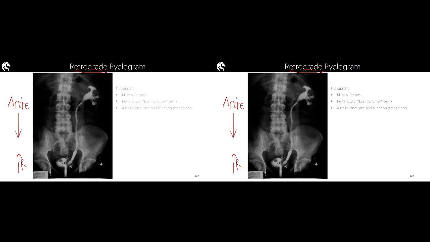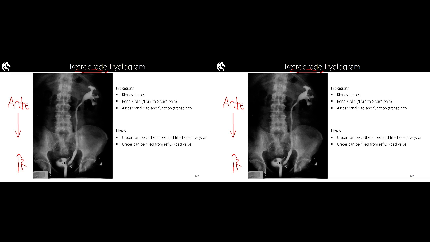All right, so a retrograde pyelogram is an examination where we inject contrast into the patient's urinary bladder via a catheterization, and then, in all likelihood, we are then going to selectively catheterize the patient's ureters via their VUJ or vesico-ureteric junction. Why do we do these examinations?